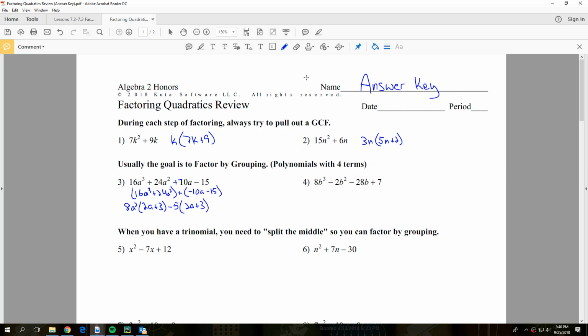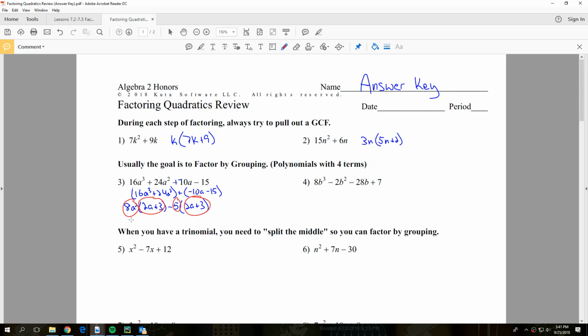Now this is exactly what we want. The reason I say that is because I have this thing multiplied by this thing minus this thing multiplied by this thing. It's pretty similar to having 2a plus 3 and 2a plus 3, things that they have in common, right?